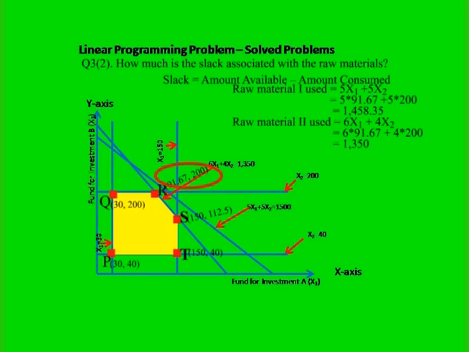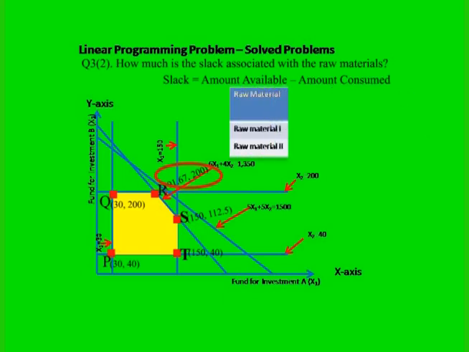Therefore, the slack associated with each raw material can be tabulated in the form: raw material type, raw material 1 and raw material 2. Amount available, which is already given: raw material type 1, 1500, raw material 2, 1350. Amount used, which is calculated: raw material 1 used 1458.35, raw material 2 used 1350.